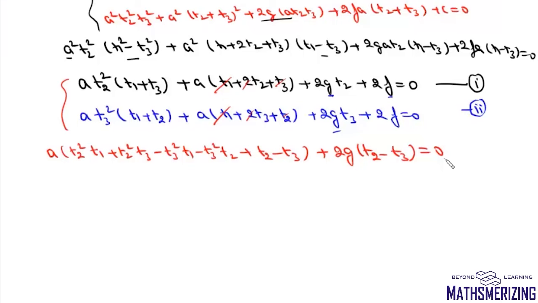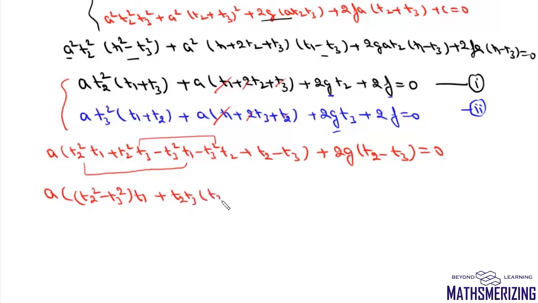Now what we'll do is here we'll take these two common and these two common. So we can write this as a and this is (t2 square minus t3 square) into t1 and plus, now here we'll take t2 t3 common. So it will be (t2 minus t3) and then plus (t2 minus t3) plus 2g (t2 minus t3) equals to 0.